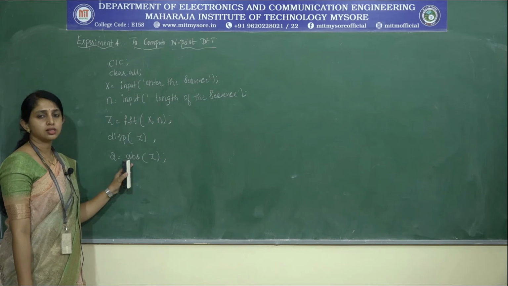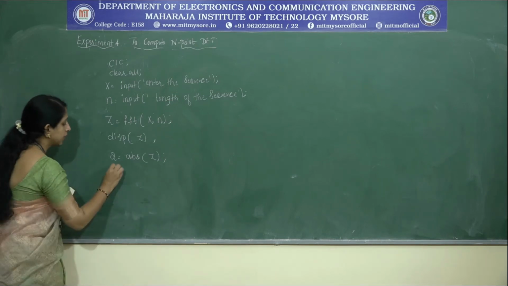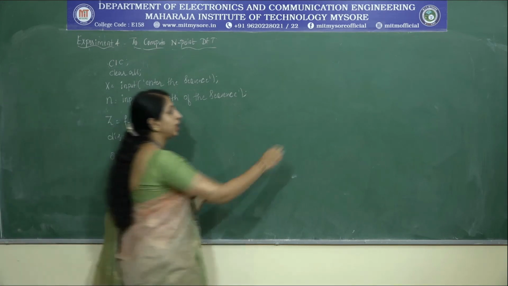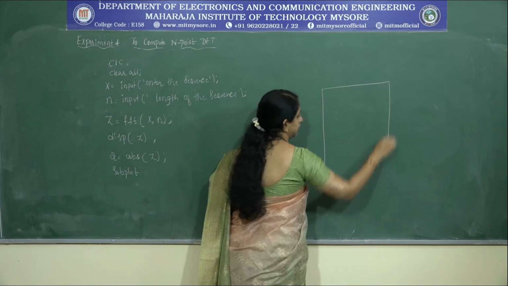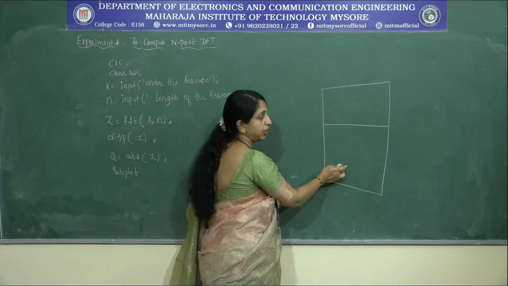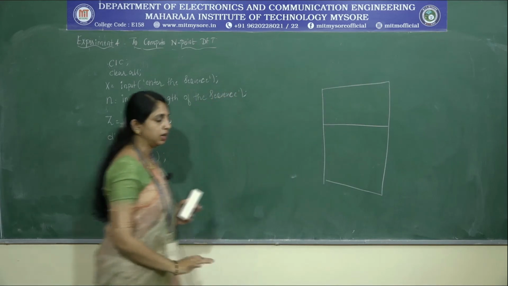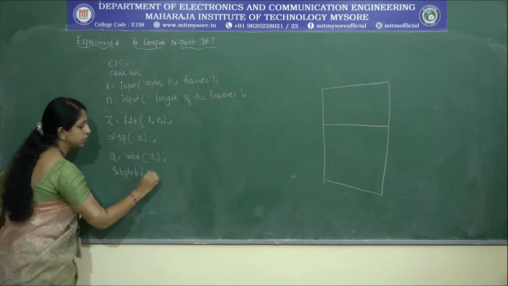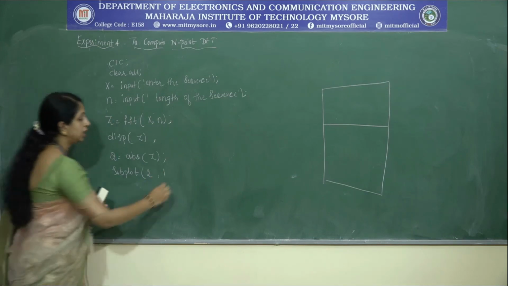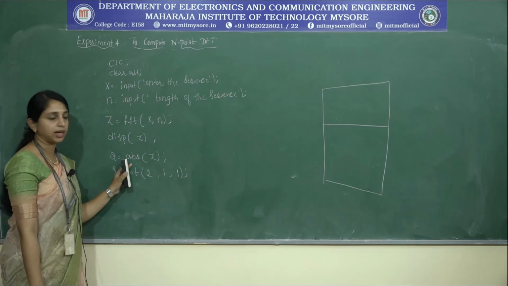I'll display this in a figure window using subplot. One is for the absolute value, another for the phase, so I need 2 rows and a single column. I'll give the first as 2, and in the first position the output is displayed with respect to the absolute value.